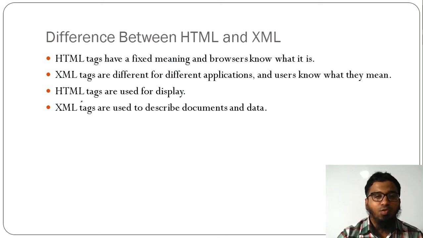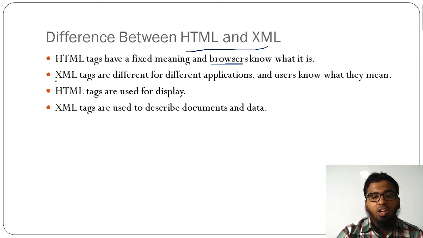Let's see the difference between XML and HTML. First, HTML tags have a fixed meaning, and browsers know what it is. Means whatever HTML tag you write, it is a predefined tag, and the browser knows everything about the HTML tag, what to do. In XML, tags differ from application to application, and the user knows what they mean.